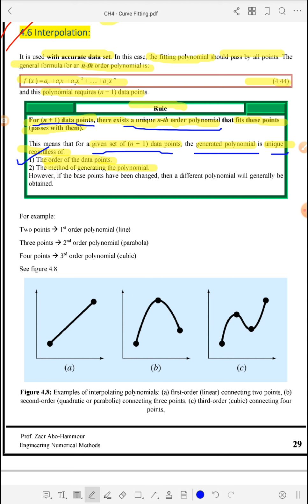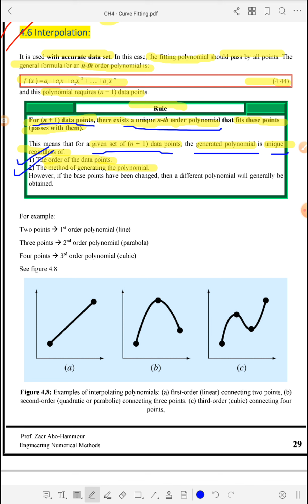If we change the order, keep shuffling between the data points, this will not affect the final generated polynomial, okay? And the other fact is that it's regardless of the method of generating the polynomial. If we generate this interpolating polynomial of order n for n plus 1 data points using the first method or the second method, the final polynomial will be the same, okay?